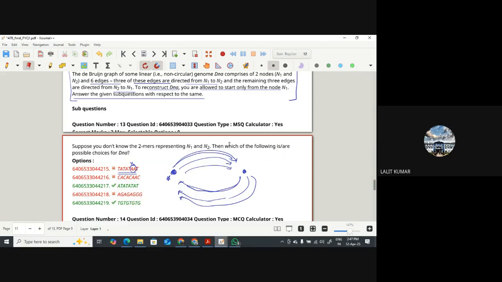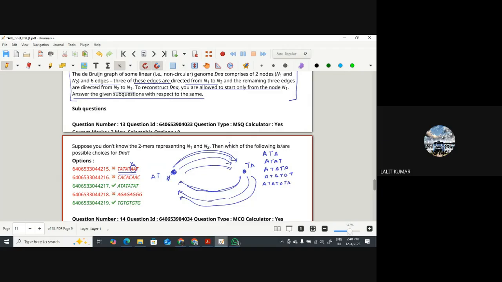Now we see the third part, AT. So this is AT and this is TA. In the first one, it will become ATA. Here it will become AT. Then it becomes ATA. Then it becomes AT. Then AT.